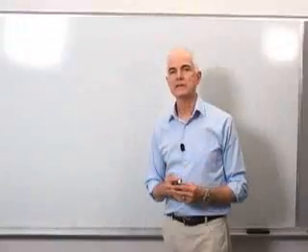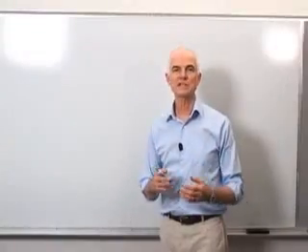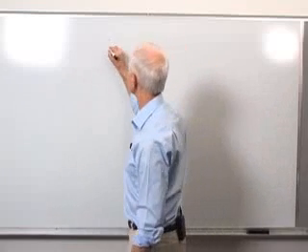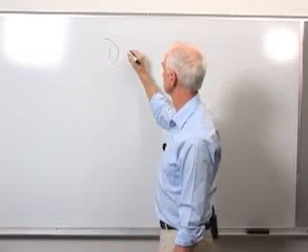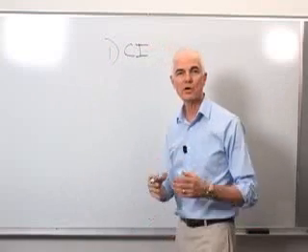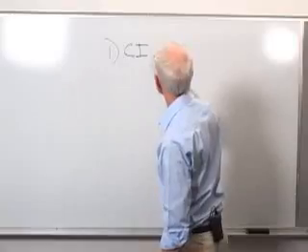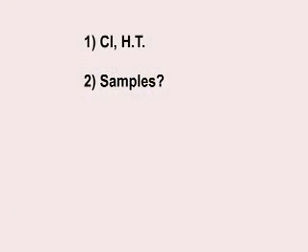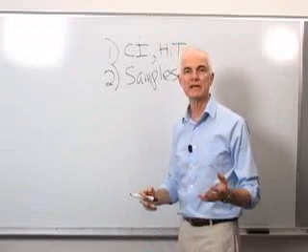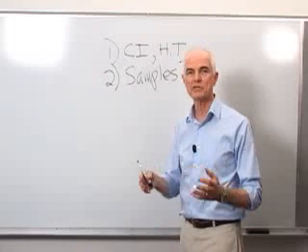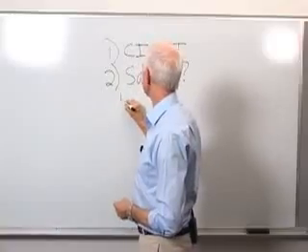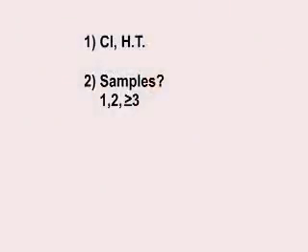To summarize, in constructing a decision tree to help us determine what statistical technique to use, we can ask ourselves 5 questions. The first question is, are we estimating, thereby constructing a confidence interval, or are we testing, thereby conducting a hypothesis test? The second question is, how many samples are we taking? The number of samples you take is driven by how many population parameters you're estimating or testing. Commonly, in this course, we study using 1 sample, 2 samples, or 3 or more samples.